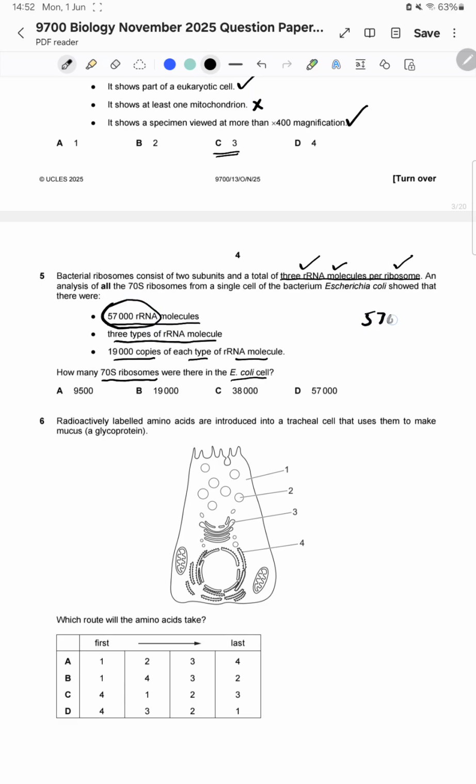So simply 57,000 divided by 3, that gives you 19,000. So it's B should be your answer, right? It means there are 19,000 ribosomes in total.